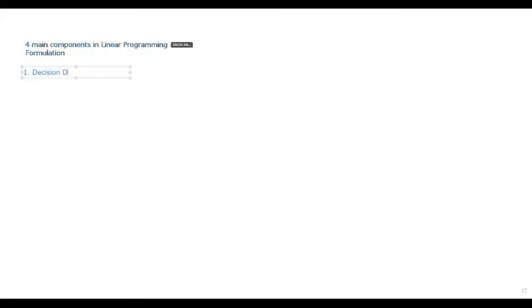So you define your decision variable, and I've taught you that one already. The second one, and I hope you know what decision variable is. Okay, so let me explain it for the sake of the first timers. All we are trying to talk about with the decision variable is the item or the product in question. So that's the decision to be made. And you are not interested in the product or the item itself.